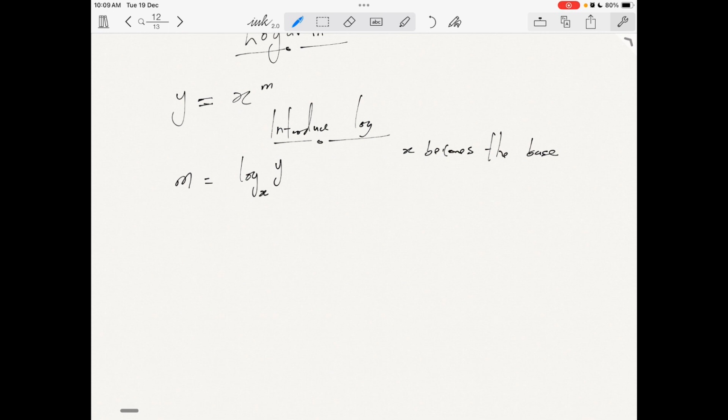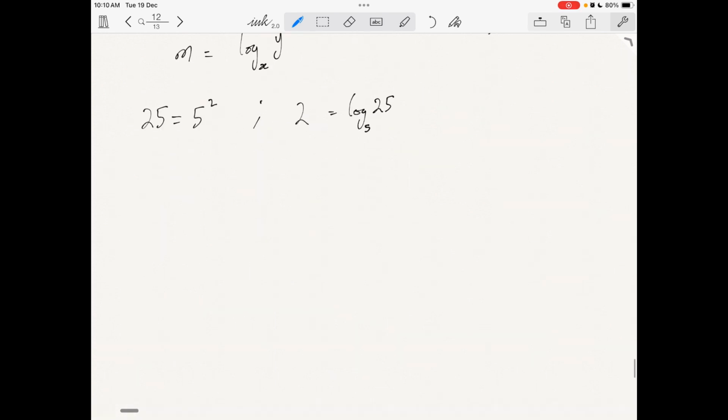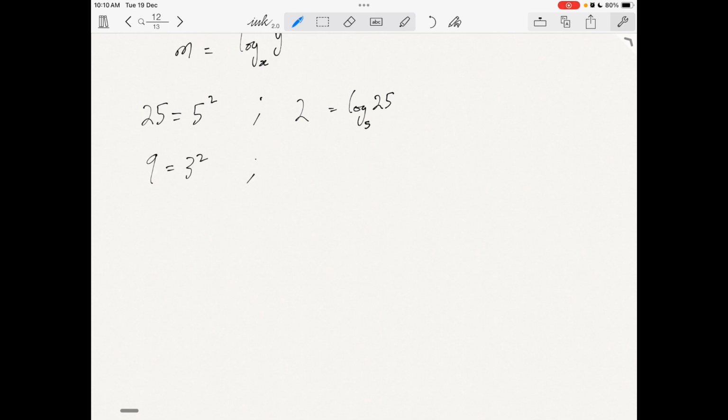So definitely if I have 25 is equal to 5 squared, I'm saying that 2 is equal to log 25 to base 5. Also, if I have 9 to be 3 squared, I'm also saying that 2 is equal to log 9 to base 3.